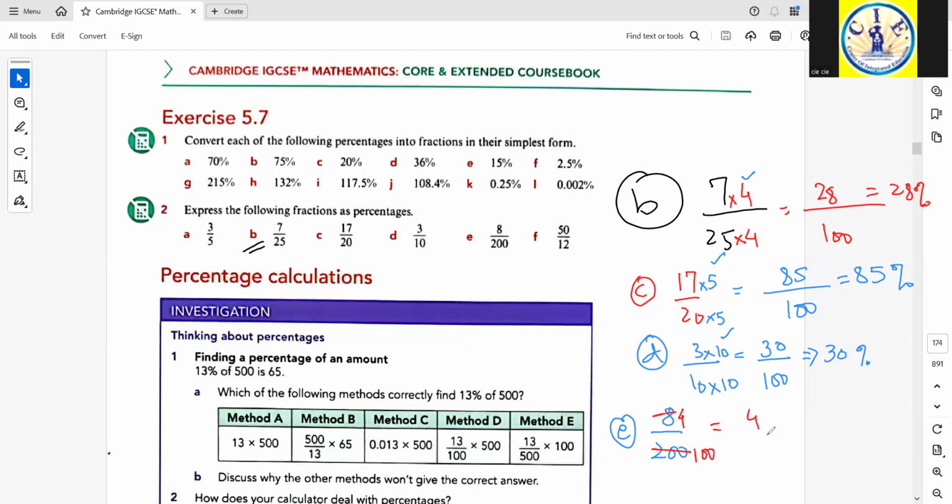So now I am having 4 by 100, which can be written as 4%. Our main objective was not to cancel them completely in this case, but the motive was to have 100 in the denominator. So that's why we haven't cancelled 4 by 100 more. We retain 100 in the denominator. So the numerator is 4 out of 100, which means 4%.